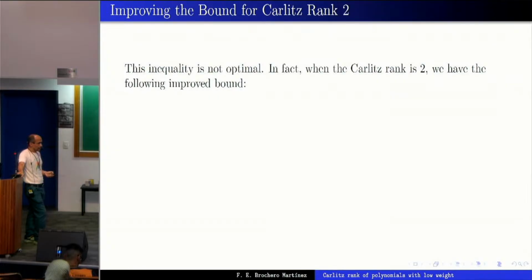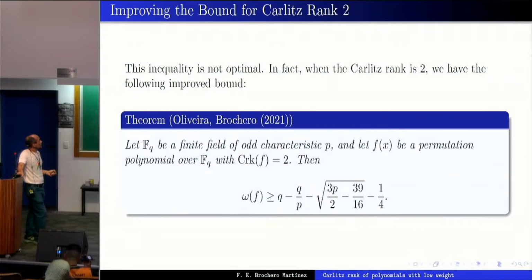For example, for Carlitz rank 2, we have the following result. This work is with Oliveira and me, or Jose. If we have a finite field with characteristic p and a permutation polynomial with Carlitz rank 2, then we have this limitation of the weight. It's essentially q less q over the characteristic. This value is very low.